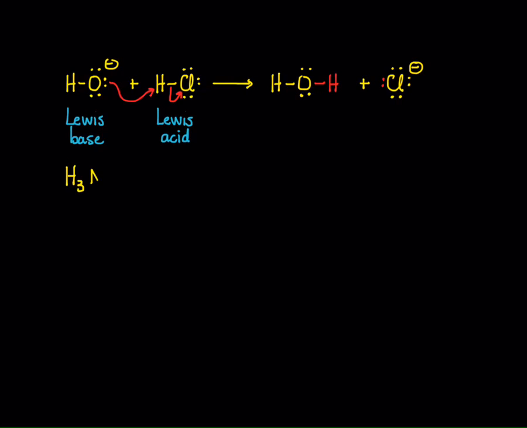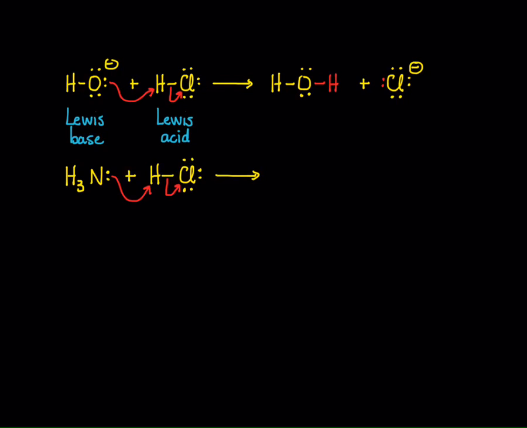For example, ammonia is a Lewis base. It has a pair of electrons on it, and we know that ammonia can react with hydrochloric acid. Hydrochloric acid would be the Lewis acid. So the ammonia, the Lewis base nucleophile, is going to donate its electrons to the Lewis acid.